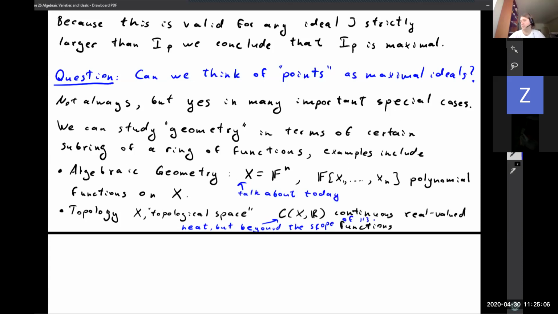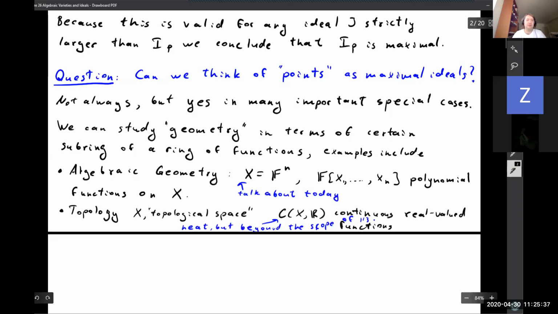So I can't help mentioning this, that in fact, if you know the algebra of continuous real-valued functions on a compact Hausdorff space, then this algebra uniquely determines the space. So if the algebras are isomorphic for such spaces, then the underlying topological spaces must be homeomorphic. So in a sense, algebra knows everything about such a space.